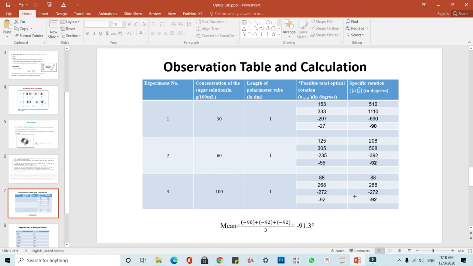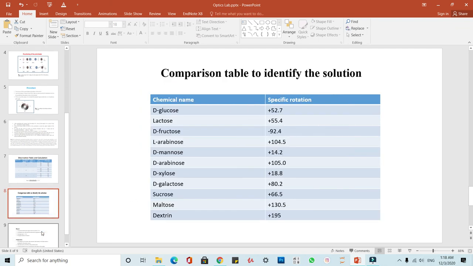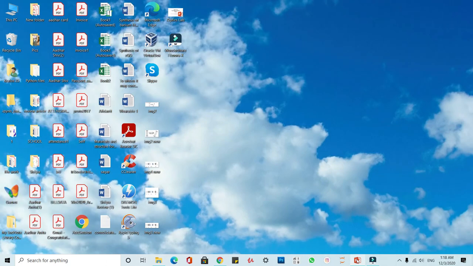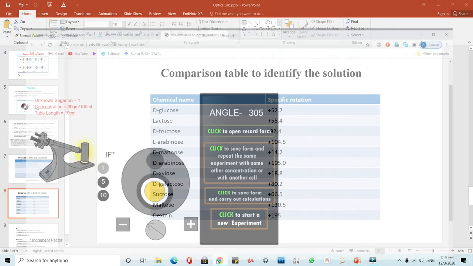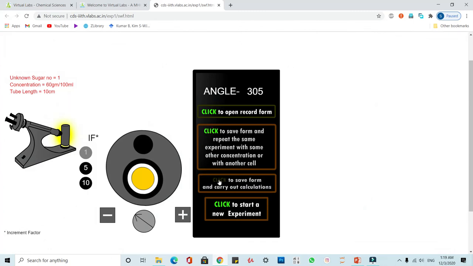Okay, so we have got the correct solution. You can repeat the experiment with another solution by clicking here. Now you can select any other bottle, 2 or 4, and you can perform the experiment in a similar way by selecting the concentration or repeating.